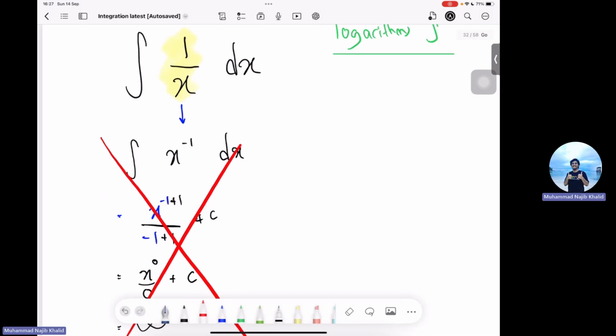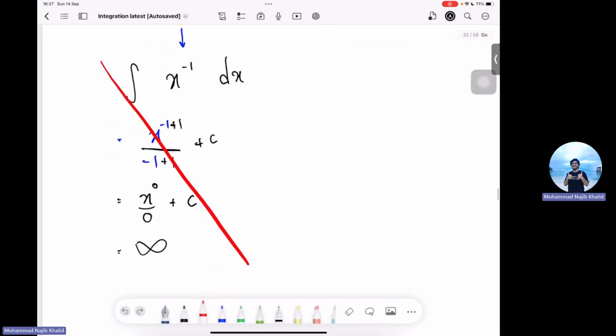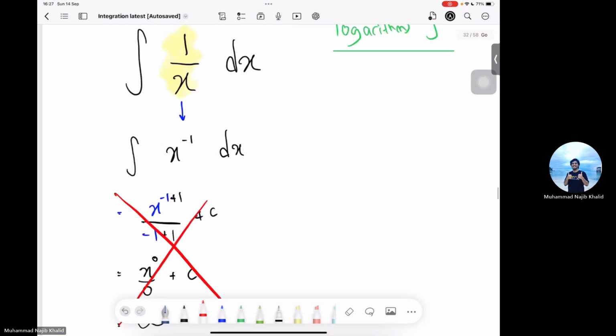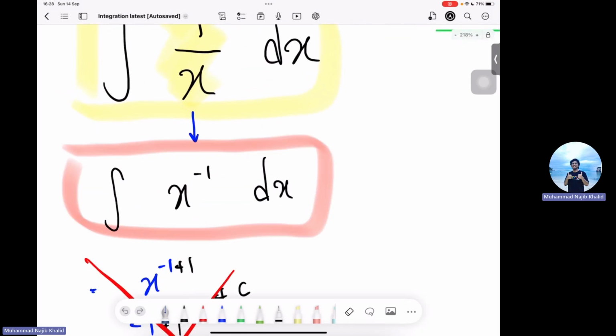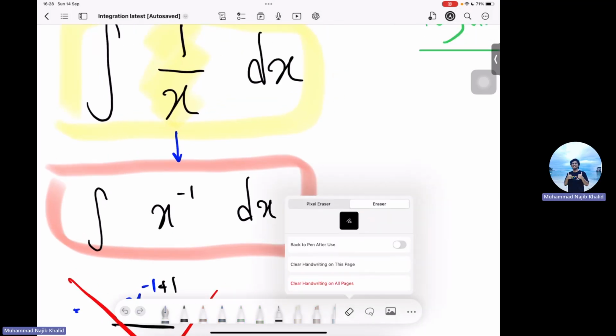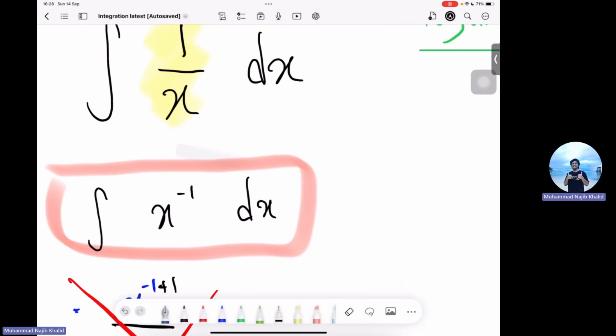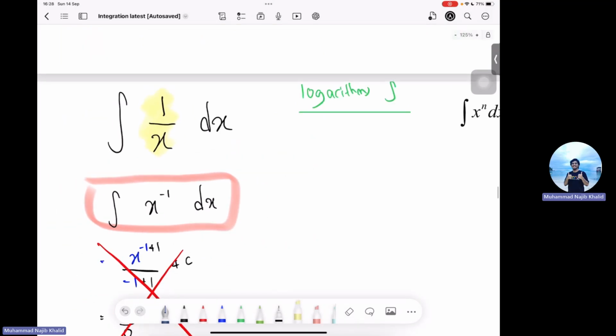So what can be done is we will implement these two, the first one and the second one, and it will become ln. So these two questions will only give us the solution of ln.